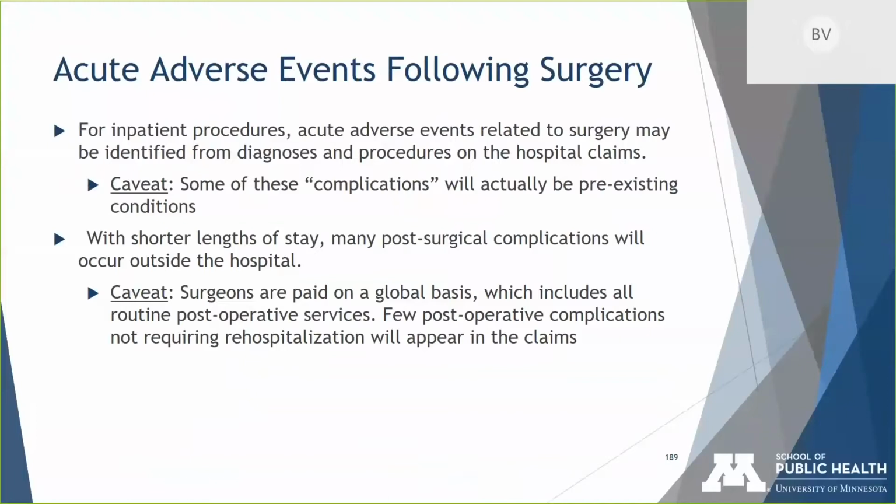So the same hospital claim that contains the surgery, you can look at what diagnosis codes are present on that claim. All of the diagnosis codes that you see are diagnoses at discharge. So some of them will be complications of the surgery itself. The caveat is that some of the complications may actually be pre-existing conditions.